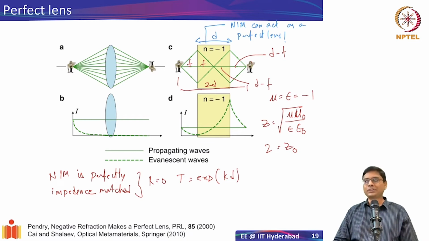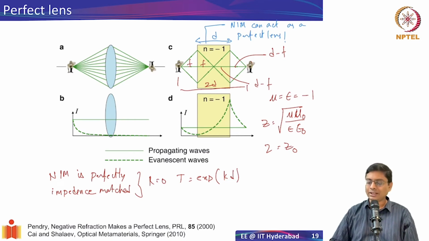So if you have such a negative index medium and have an object, as you go away from the object, the evanescent wave decays, but the moment it enters the negative index medium, the evanescent wave grows in amplitude.